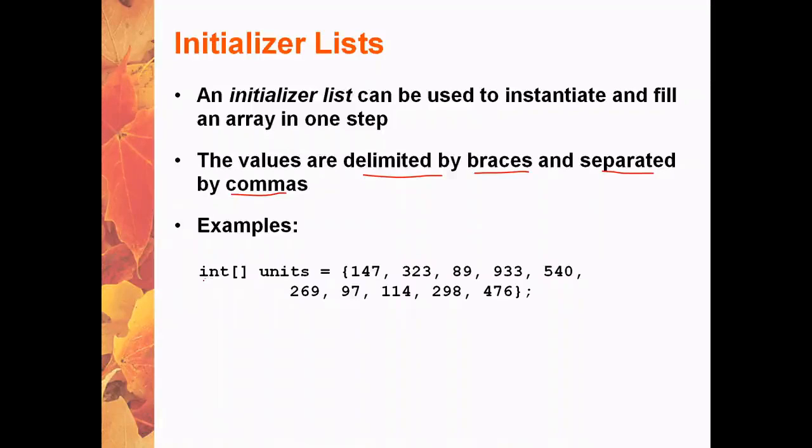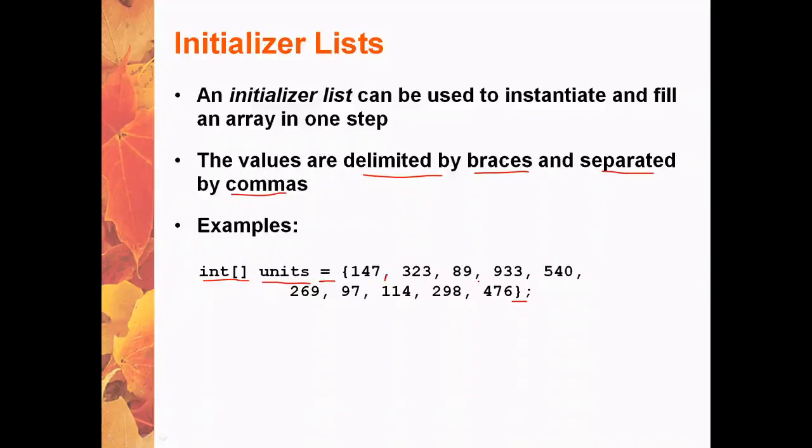Suppose we are creating an array here. int array brackets units is equal to, in flower brackets we have declared some values here, and the flower bracket is closed at the end. So in between the flower bracket open and flower bracket close, we have a set of values which are separated by commas.